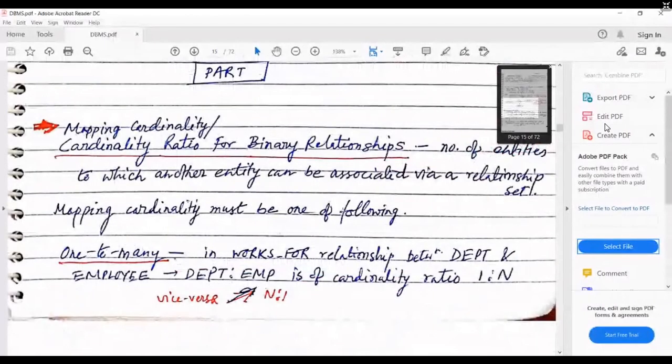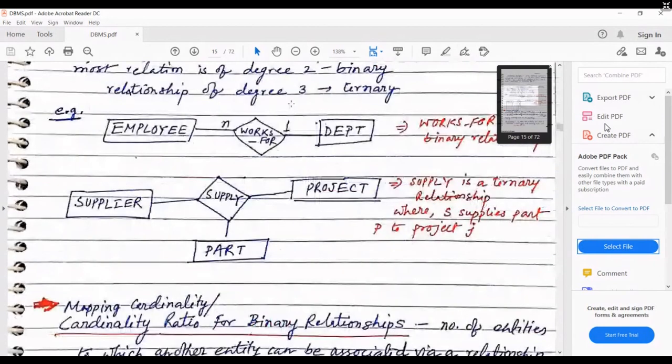So here you can see that the mapping cardinality must be of different types. So first one is one to many. So that example I have given, that in works for relationship between department and employee, department is to employee is of cardinality ratio 1 is to n, that I have shown you.